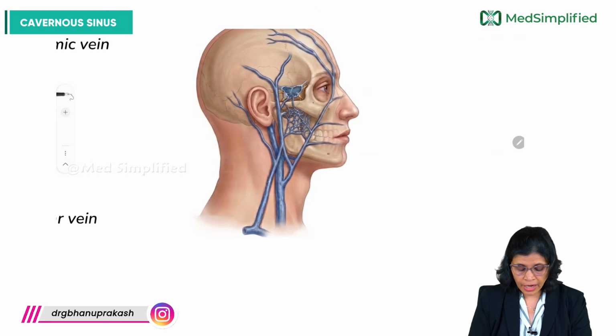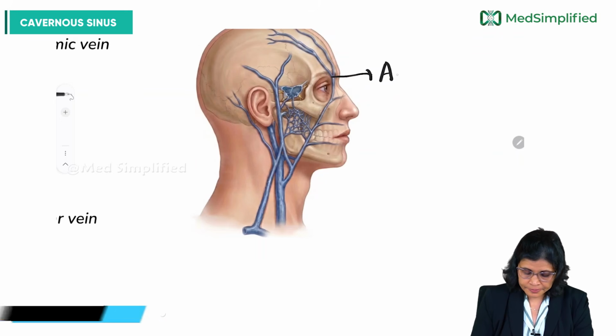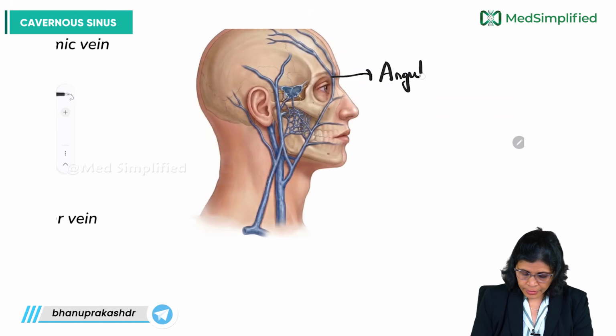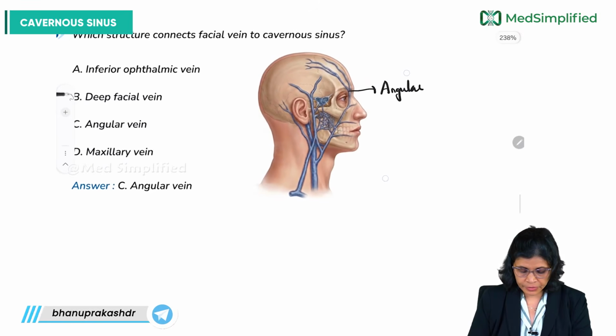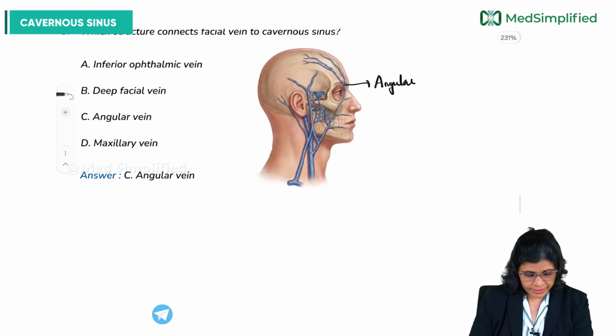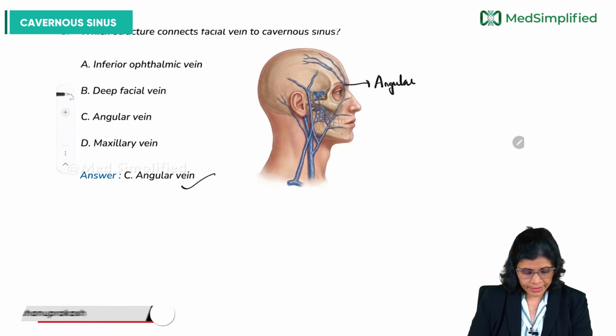So these two will be draining into the superior ophthalmic. So this is the angular here. So through this angular vein, it drains into the cavernous sinus. Okay, so it can go from there. So that connects it. So here the right answer will be the angular. Angular vein is the right answer.